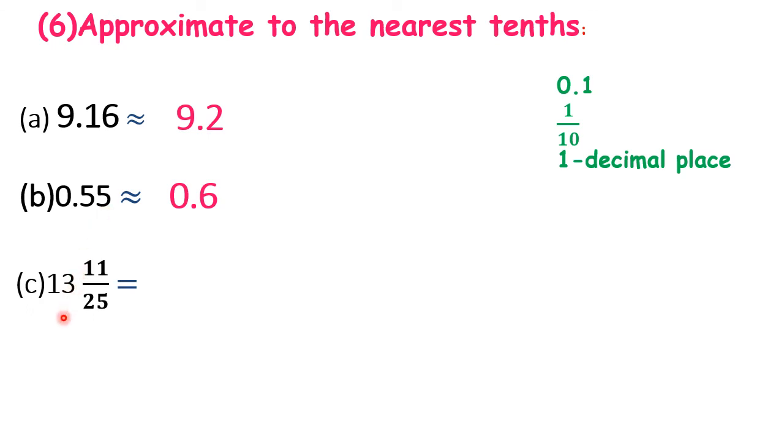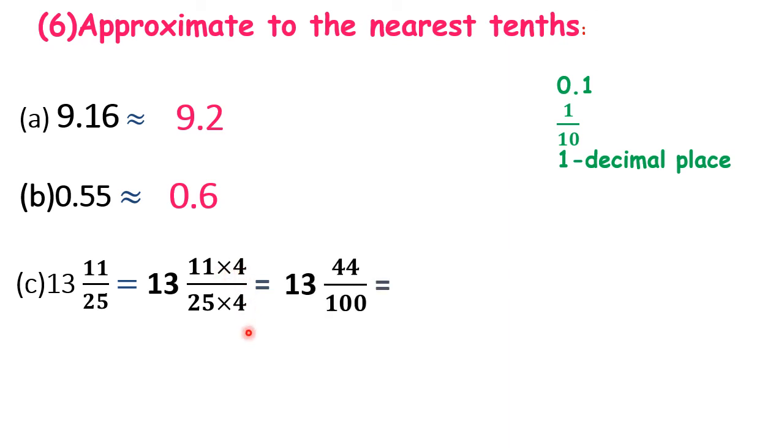C, 13 and 11 over 25. As the first step, convert to decimal number. The denominator must be 10, 100, 1000. So using friends of 25, the friend of it is 4. So I will do time 4 in the denominator and time 4 in the numerator. 11 times 4 equals 44. 25 times 4, we know from the friends, is 100. So now I have the denominator 100. Okay, convert to the decimal.